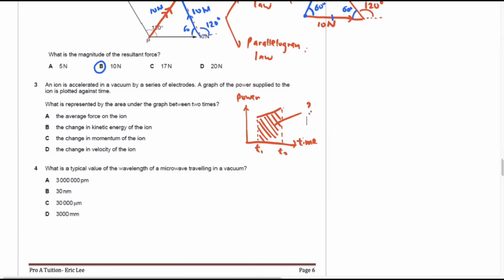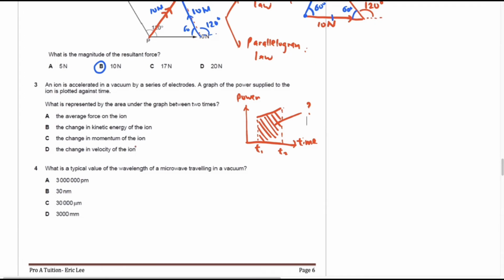For the area under the graph, you have to figure out the unit of the area to find out the suitable answer.